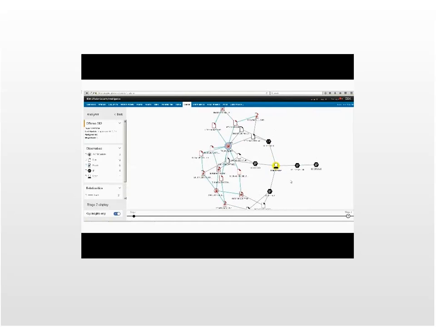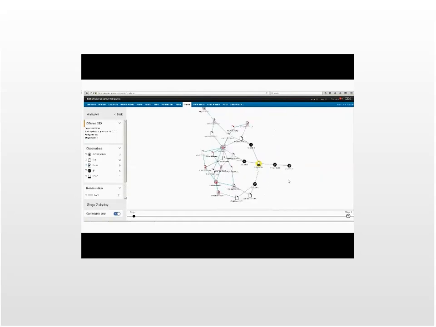As a Tier 1 analyst, looking at the signature triggers and the hash files, I was able to identify that it was bad, but I was not able to identify connections between those files. Advisor is able to do that for me.